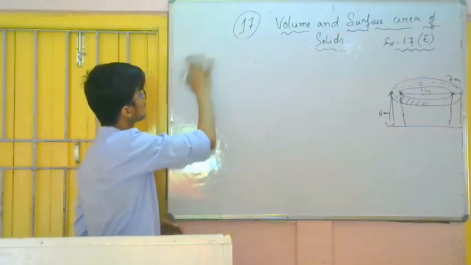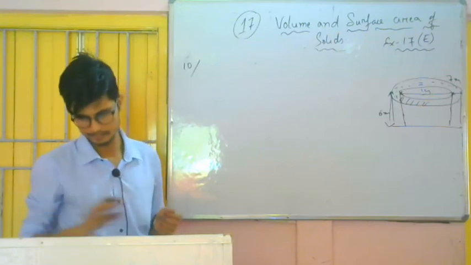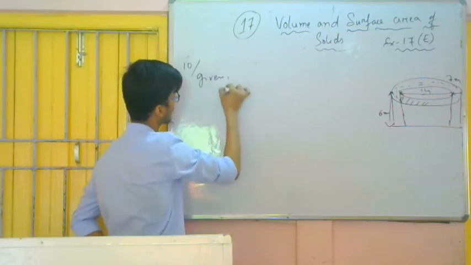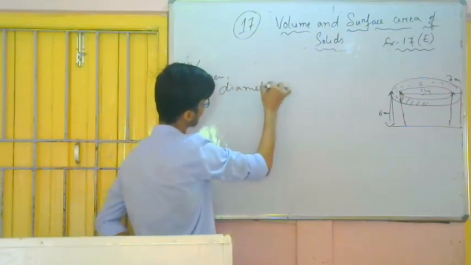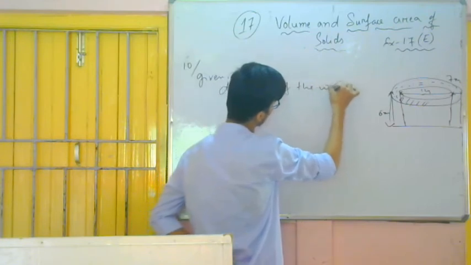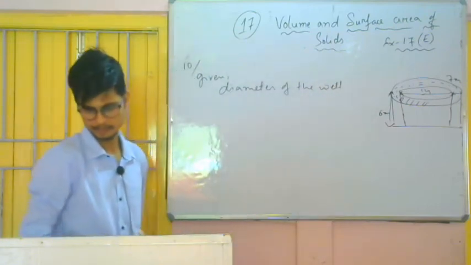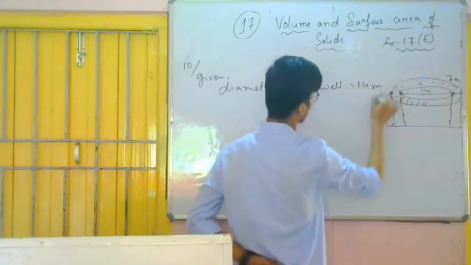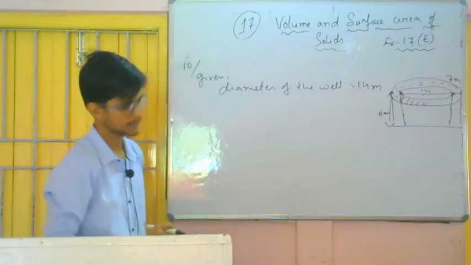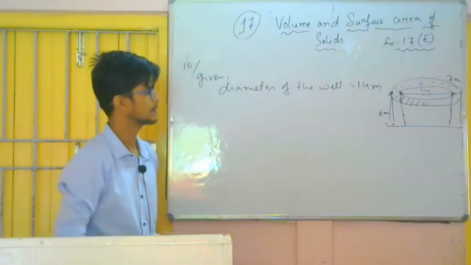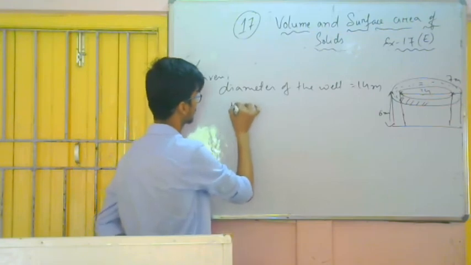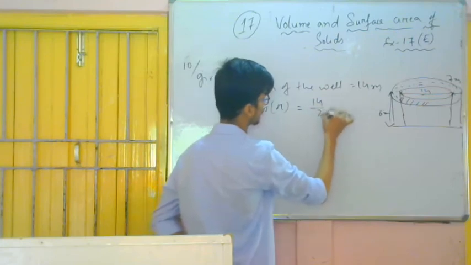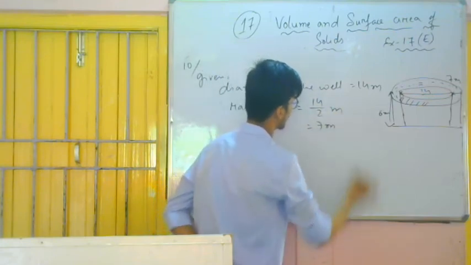Question number 10. So write, given diameter of the well it is 14 meters, so radius will be half of this one, therefore radius r is equals to 14 by 2 meter, that means 7 meter.